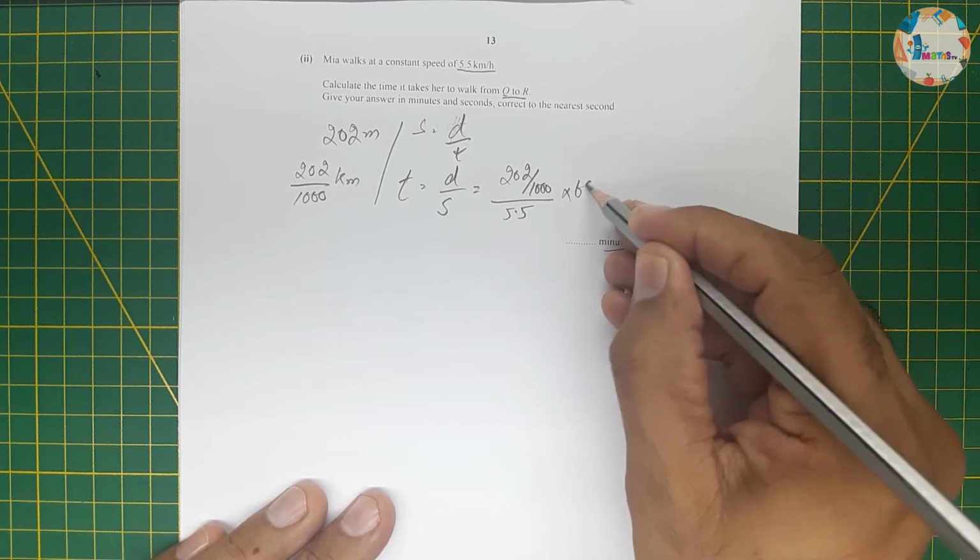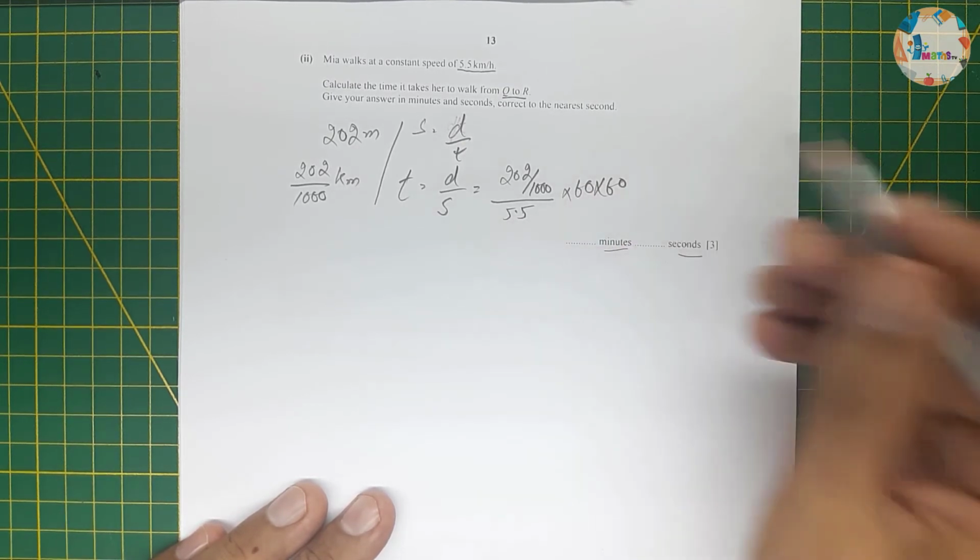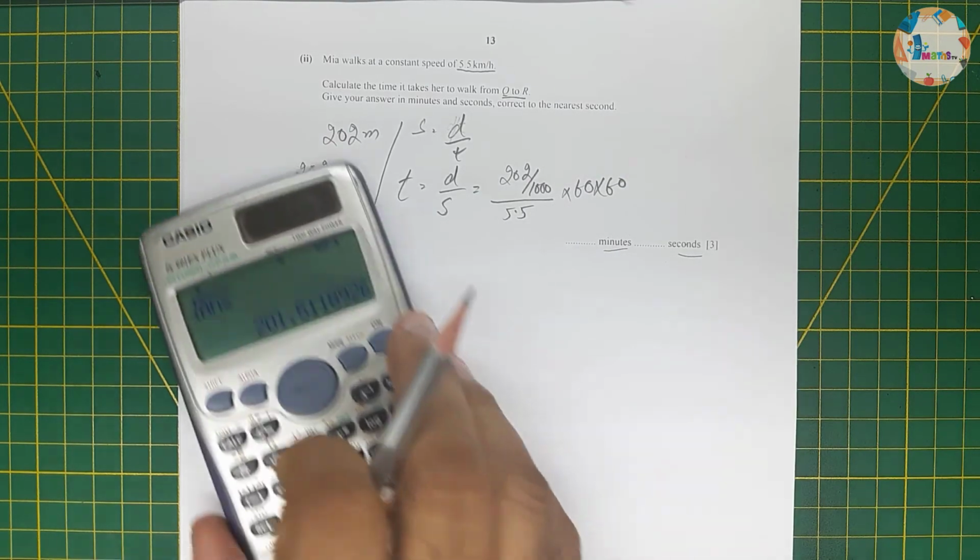So we will multiply by 60 and 60. This will give us time in seconds.